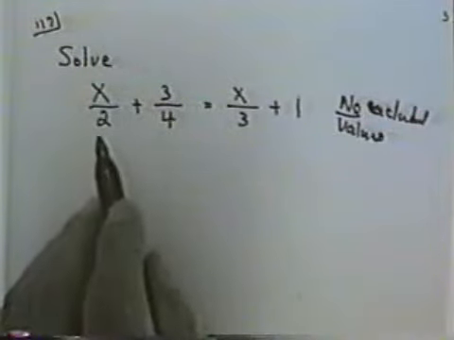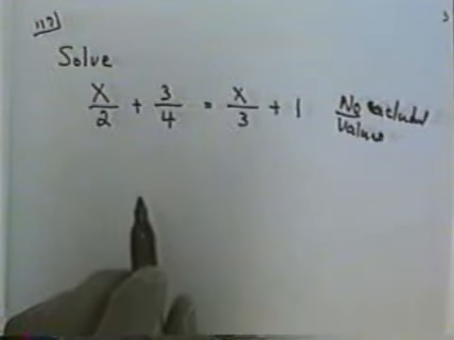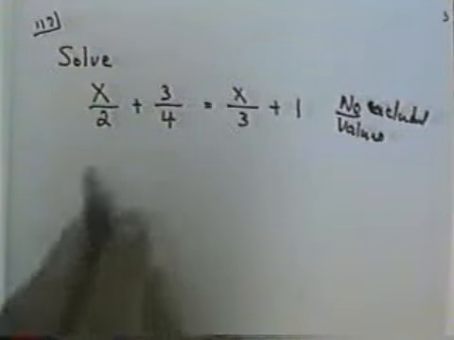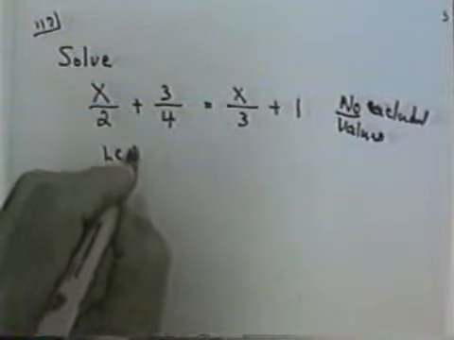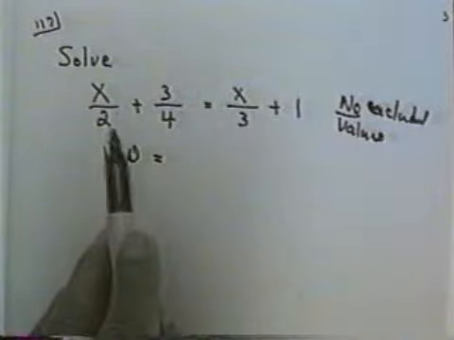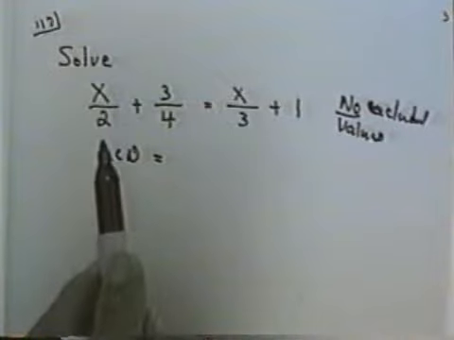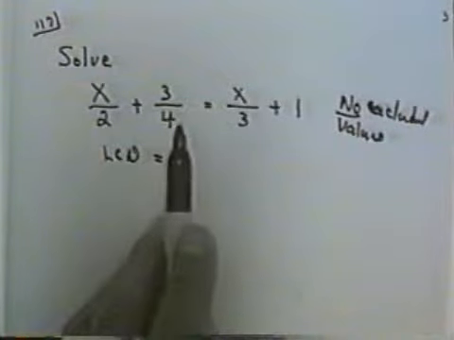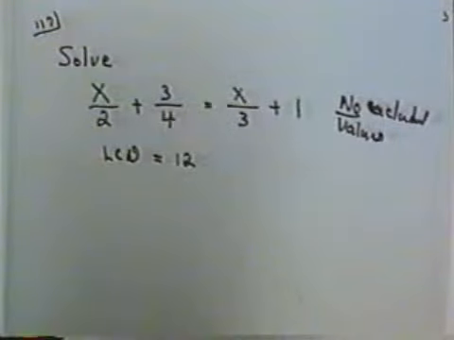The second step is to multiply both sides by the least common denominator in order to clear the fractions. Now, I need the least common denominator for all my fractions involved. So I have a 2, a 4, and a 3. The least common denominator for 2, 4, and 3 is 12.